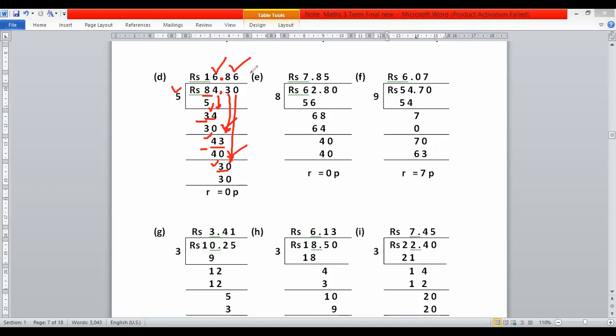Divide 30 by 5. 5 sixes are 30. 30 minus 30, remainder is 0. So remainder is 0 paise. In this way, you can solve part E, part F, part G, part H, and part I.